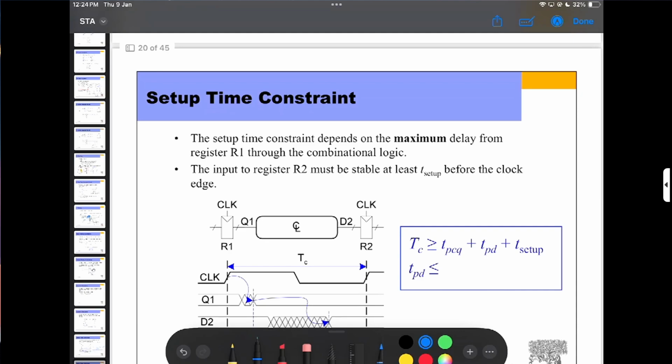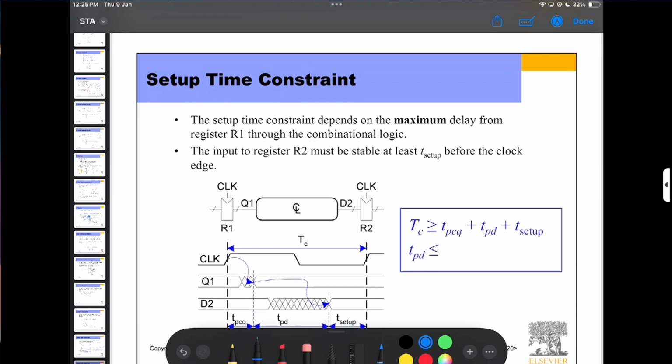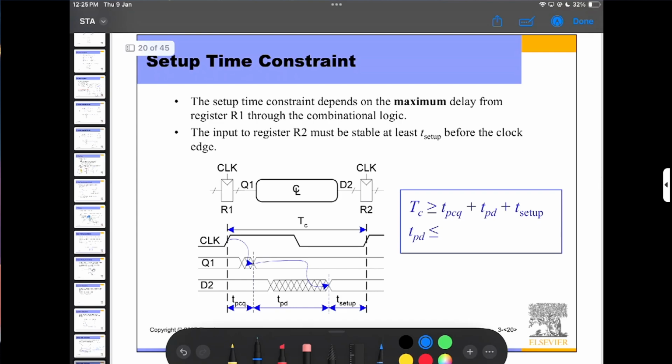So the setup time constraint now: the setup time constraint depends on the maximum delay from register R1 through combinational logic. The input to register R2 must be stable at least T setup before the clock edge. So the setup time constraint depends on the maximum delay from register R1 through the combinational logic.